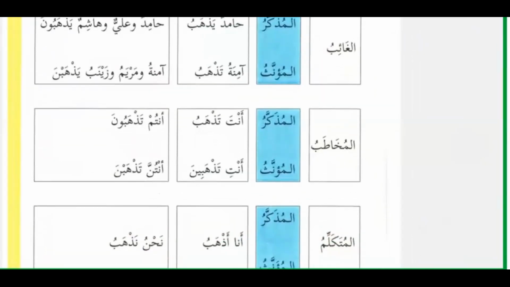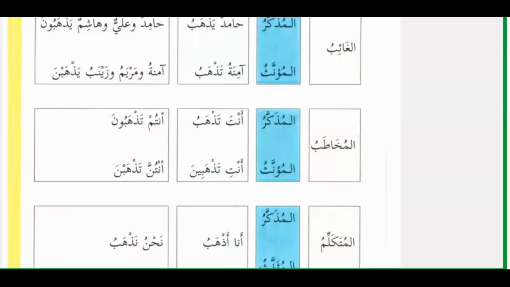Al-mutakallim is the first person, as we say I and we. Likewise for mukhatab we say you, and for al-ghaib we say they. So this is a simple terminology which is the same in English and in Arabic.